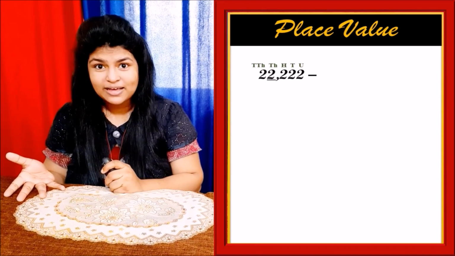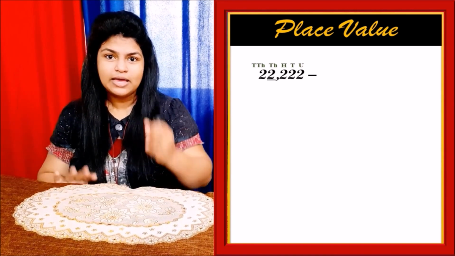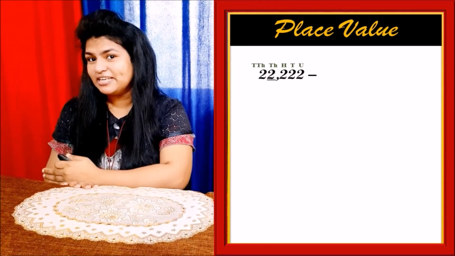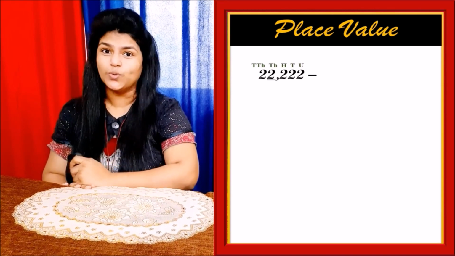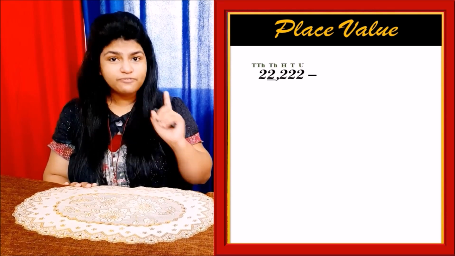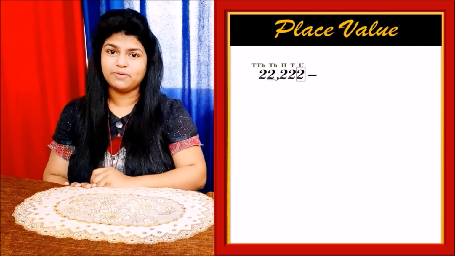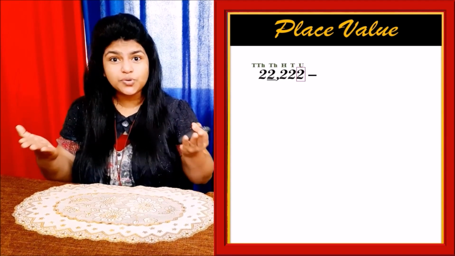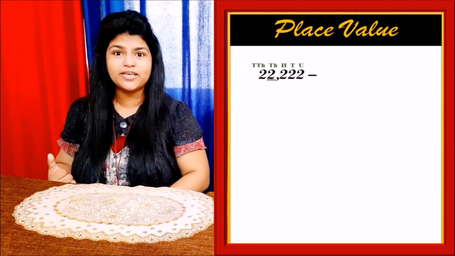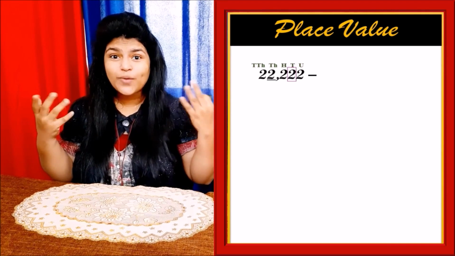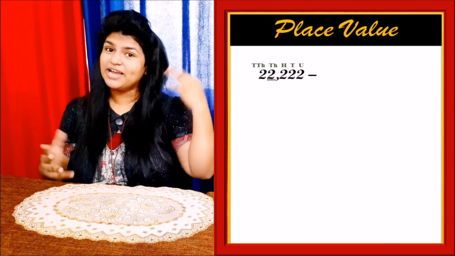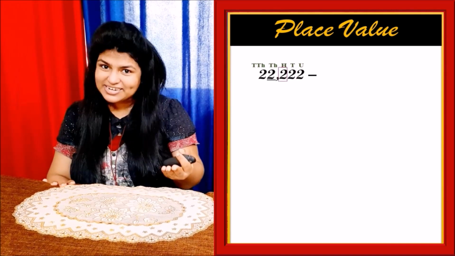Now, remember, though it's the same number, depending on which place it is in, its value will increase. So the first 2 in the units place will only remain as 2. But what about the 2 in tens place? It will become 20. What about the 2 in hundreds place? 200.